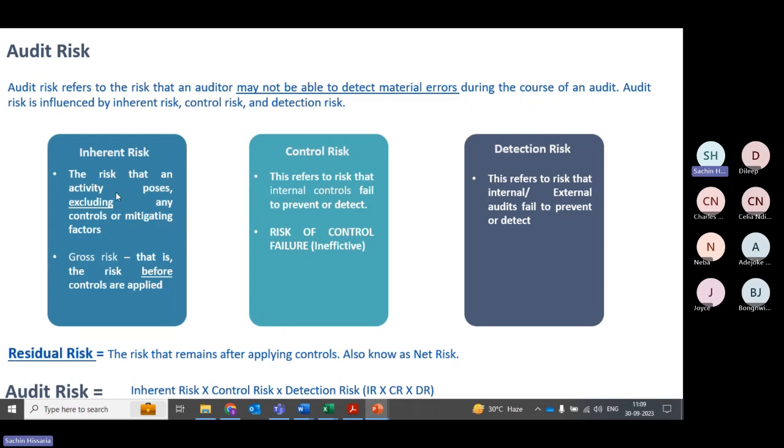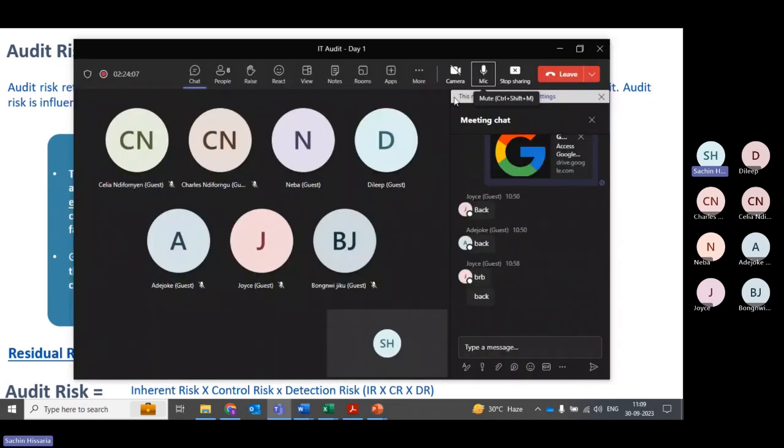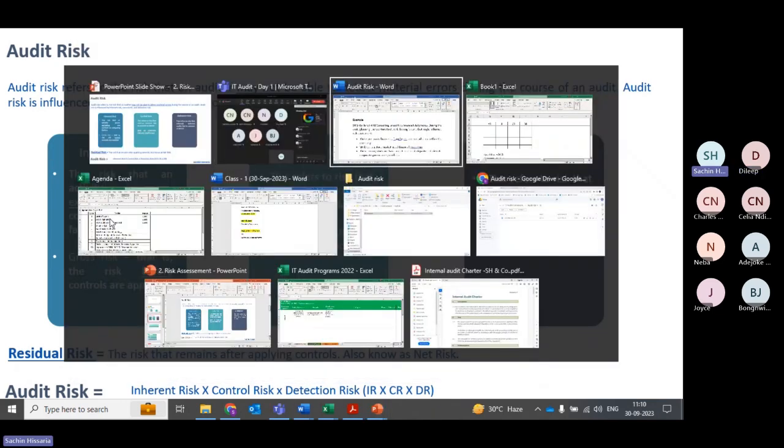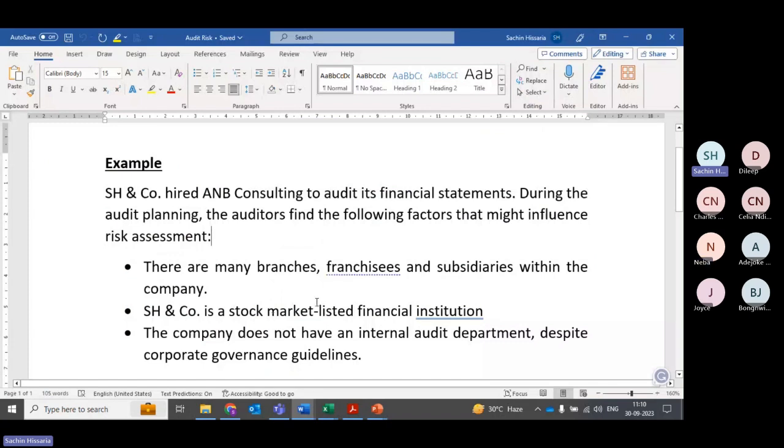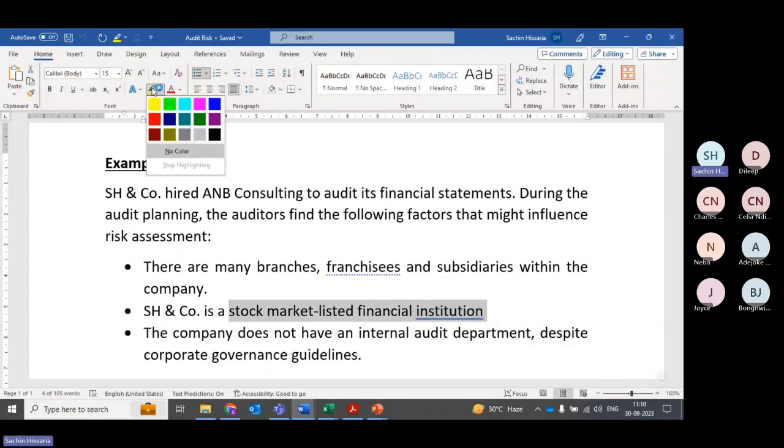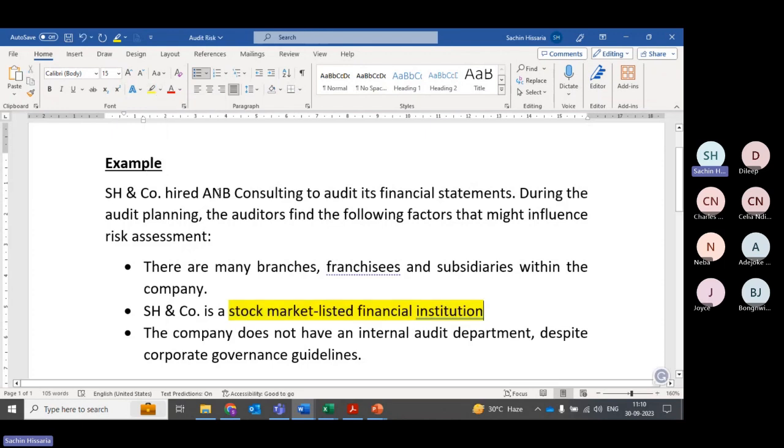Inherent risk is a risk that an activity possesses excluding the controls or mitigating factors. Now, in this case, this is an SHN company, which is a stock market listed financial institution. When any company is a stock market listed financial institution, what does it mean? They need to comply with a lot of rules and regulatory requirements.